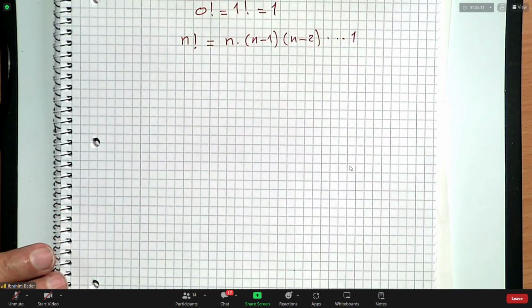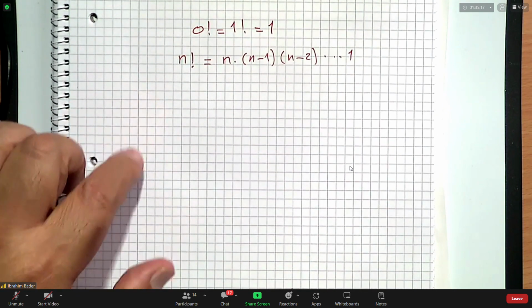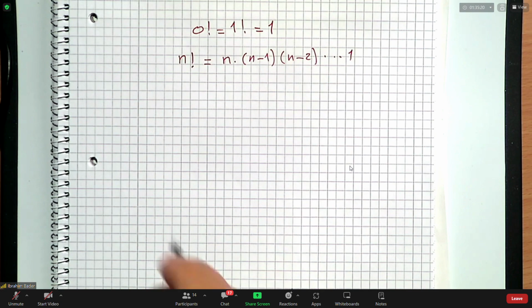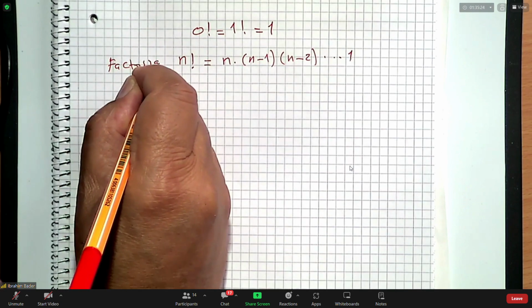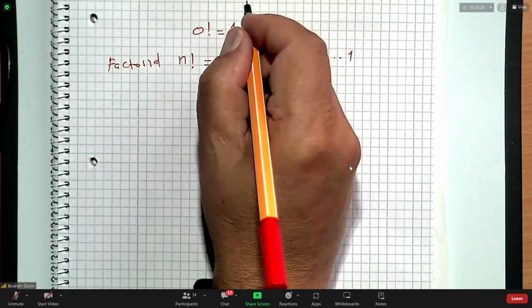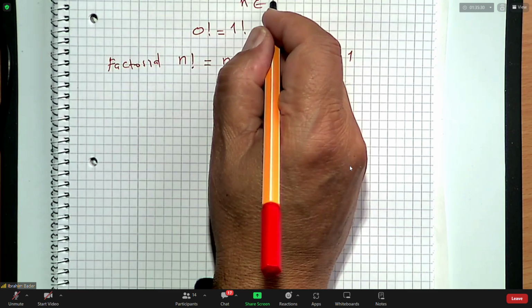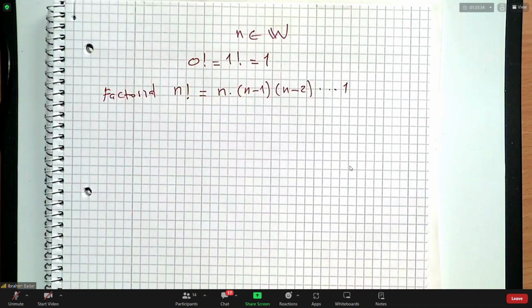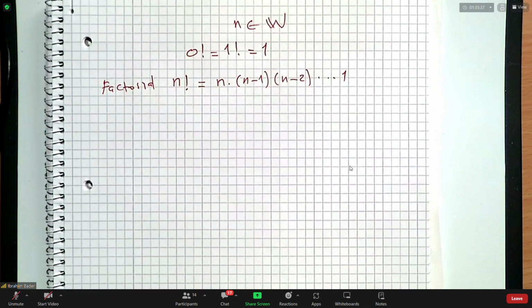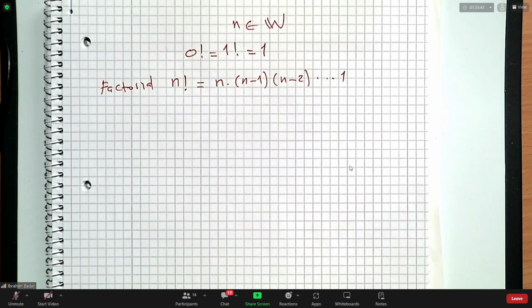So if you are given any non-negative number, then you find the corresponding factorial. So n is in W, the whole numbers; it's not a negative number. So you studied this before? I don't see any feedback here.